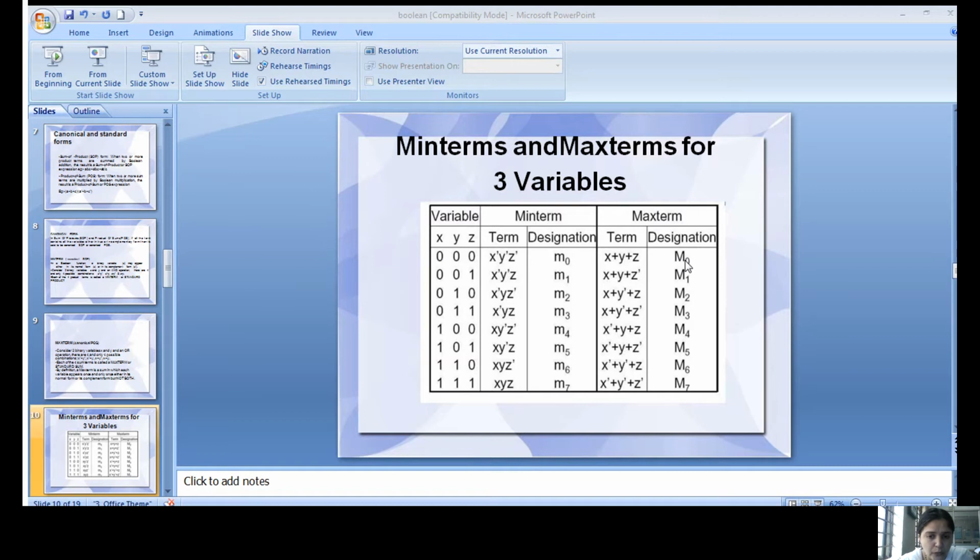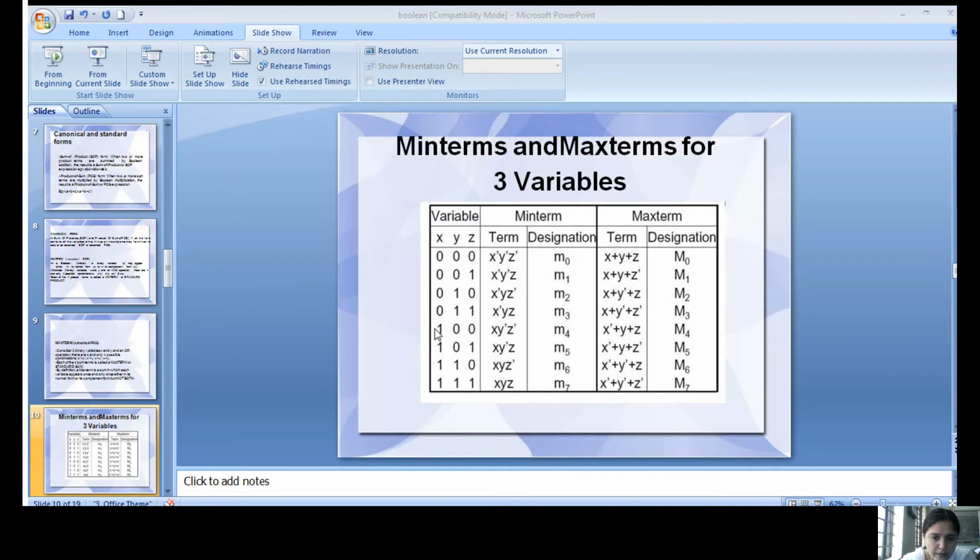Okay, here again it is x plus y plus z bar, capital M, its decimal value is 1. Here it is x plus y bar plus z, decimal value is 2, and it is a capital letter M. In the same way, x plus y bar plus z bar, M3.